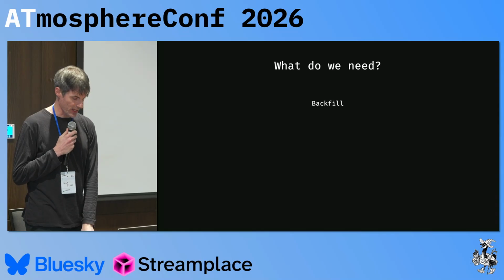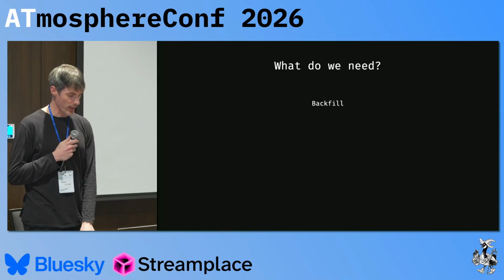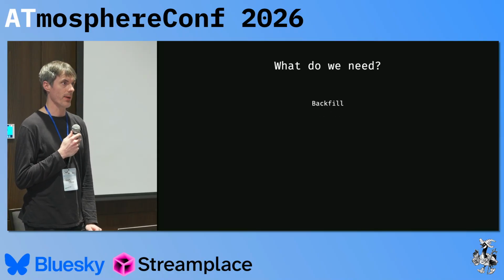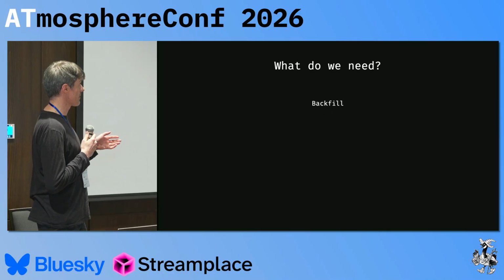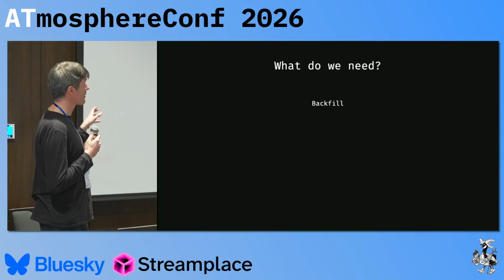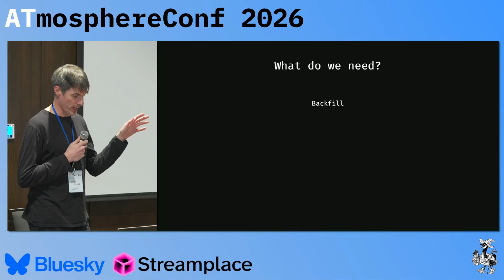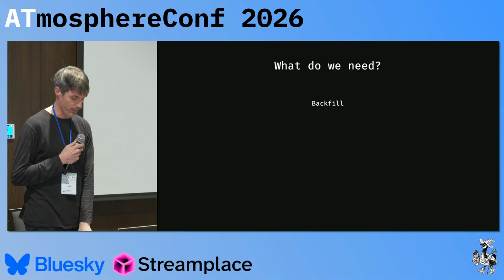So what are all the things that you need? You need a way to backfill all of the data on the network. You've probably heard a lot about Tap. Tap provides a way to filter those collections that you want. There's also other ways. You can parse the CAR files manually and have your own process for backfilling.